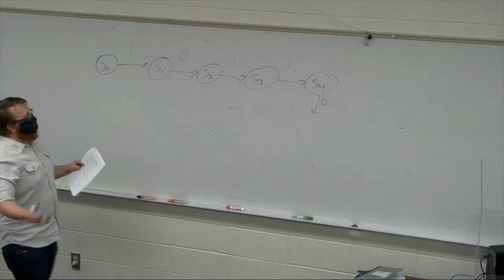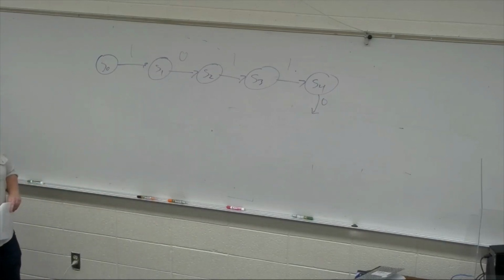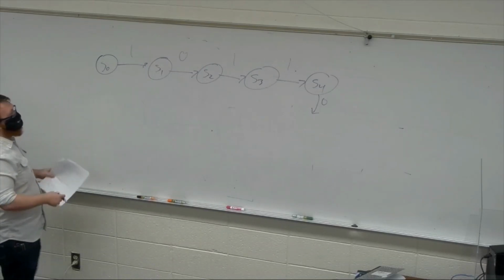The points that people lost, I marked down 1 point for every 2 connection arrows they missed, and 1 point for getting the wrong number of states. That was all. Straightforward grading.